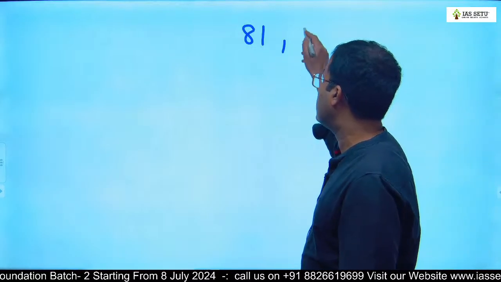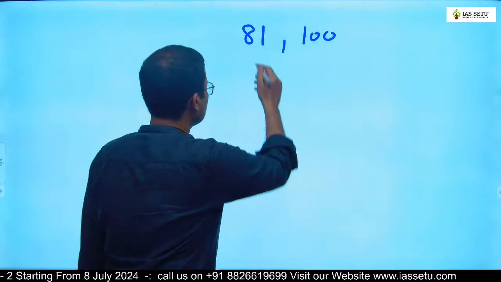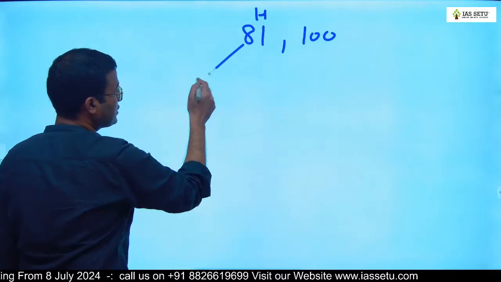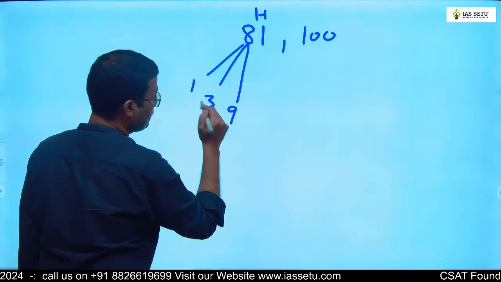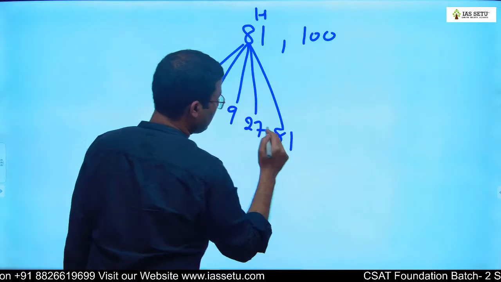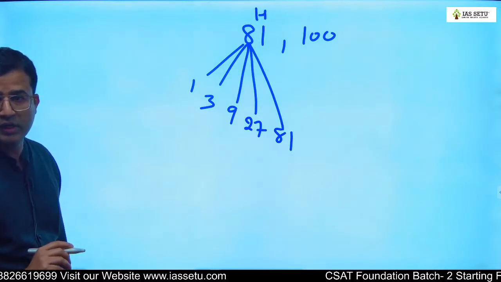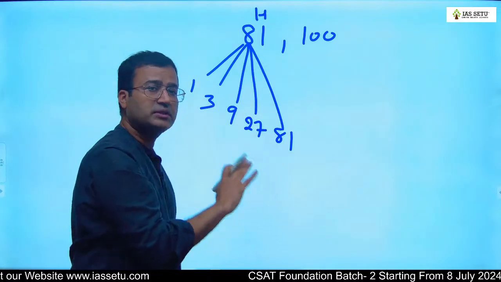But the point here is there is no restriction on factors. There can be a couple like 81 and 100. Like 81 is the husband having relations with 1, with 3, with 9, with 27. Now, if you have this many relationships, no problem.